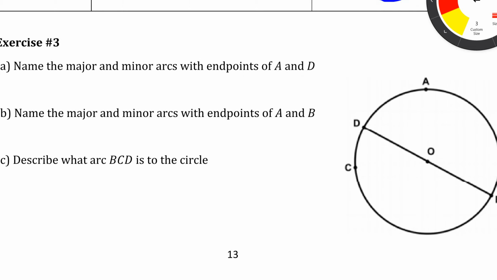So let's take a look at this next exercise here. It tells us to name the major and minor arcs with endpoints of A and D. If I just look at A to D here, that is definitely less than half of the circle. So I can say AD is a minor arc.